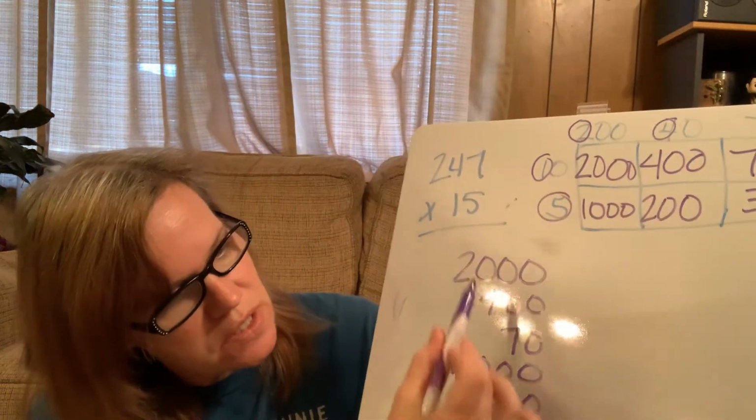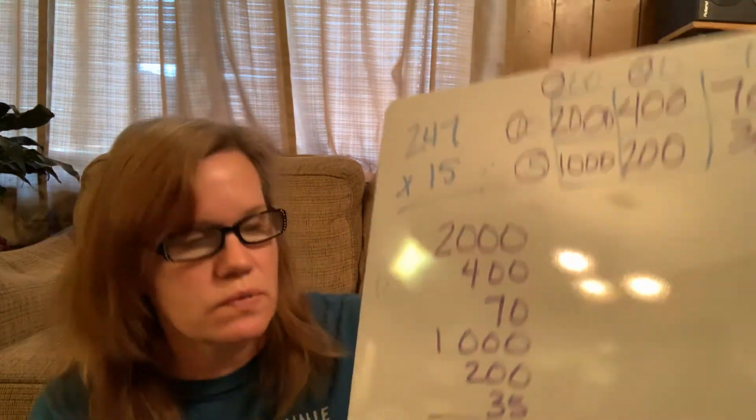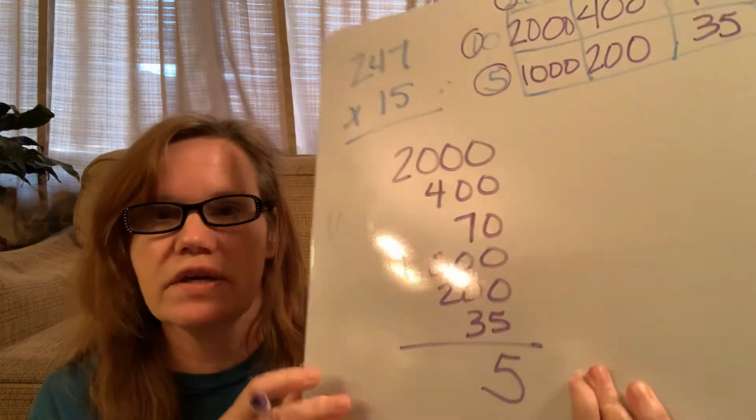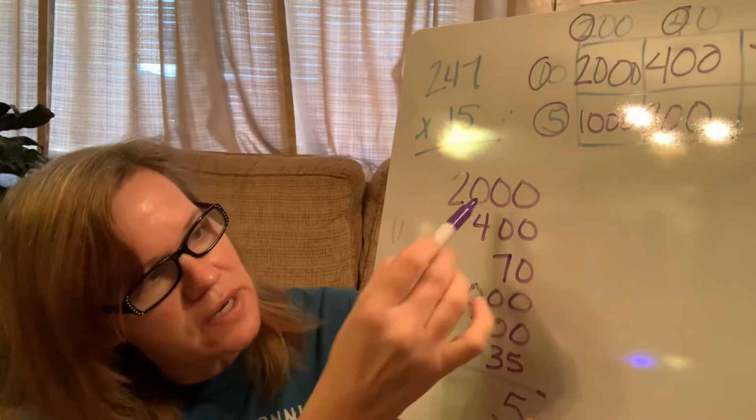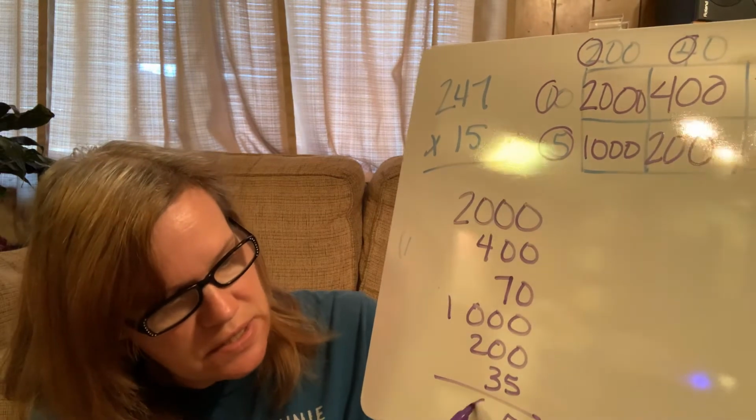So I add 2,000 plus 400 plus 70 plus 1,000 plus 200 plus 35. Okay? And look, make sure I've got all my ones lined up, my tens, my hundreds, and my thousands. So I've got all those zeros plus 5 equals 5. Can't quite see it, can we? Alright, now I've got the zeros, and I've got 7 plus 3 is 10.